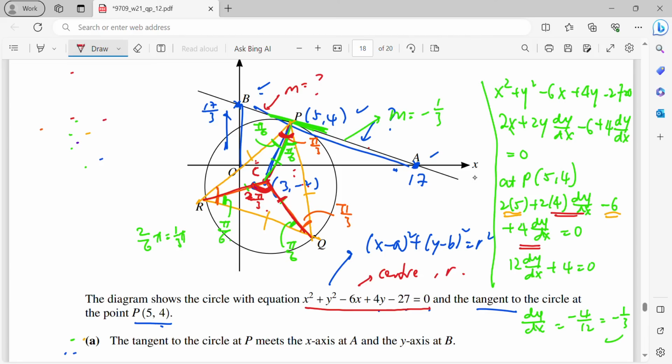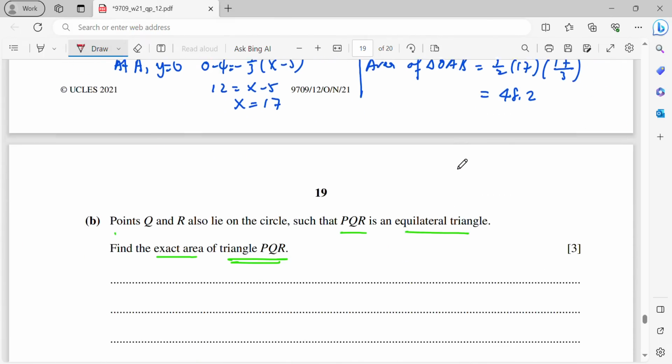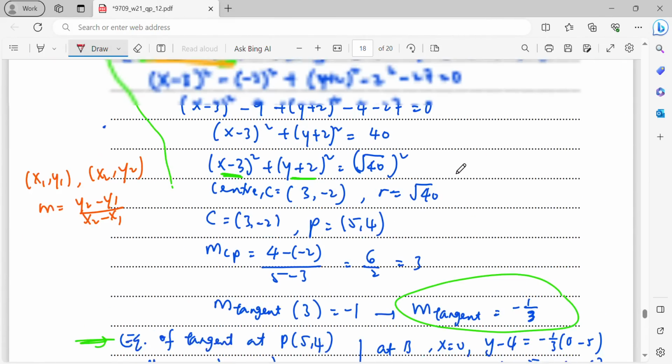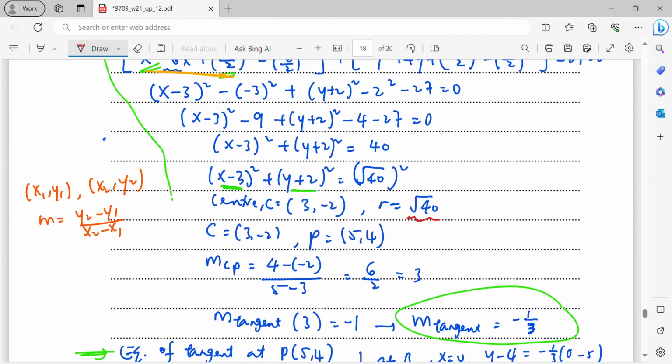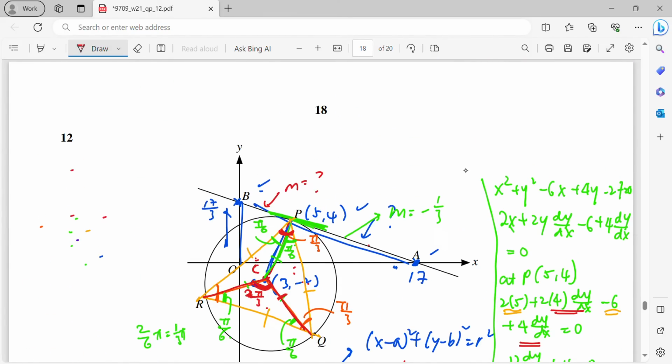To find the length, I know that the radius, when we refer to the radius, see here, is square root 40, which means here is going to be square root 40. This is square root 40 because all these are the radius, isn't it? That means now you will be getting square root 40, and the angle. Then I can find the area of the triangle.